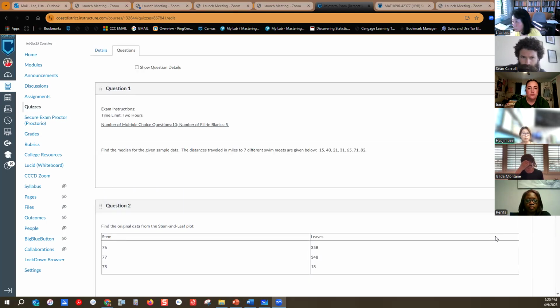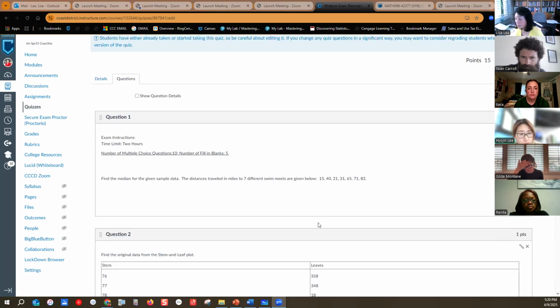Start from number one. The number one is looking for the median. Most people got it right, but some people were very careless, just jumped in and picked the middle number 31 and thought that's the answer. When we find the median, we need to sort the data in order from the smallest value to the highest value, right?